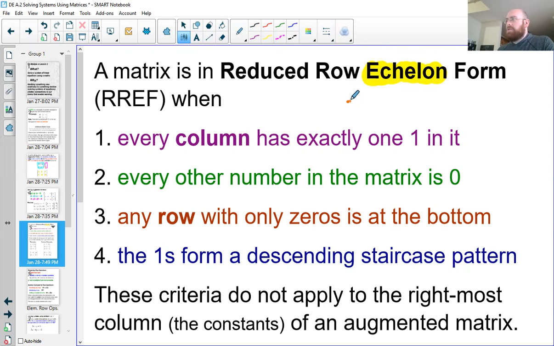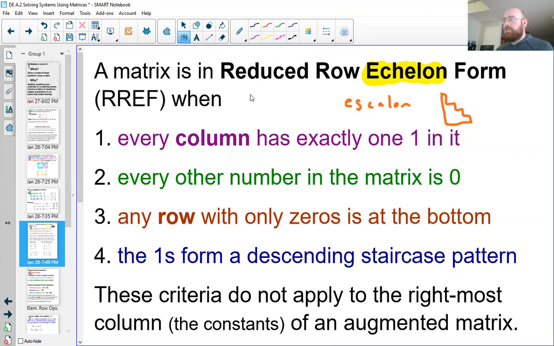So it sounds familiar to escalera, which, if I'm not mistaken, is the Spanish word for stairs. And so we can see this same root, and having a staircase pattern in mind is going to help us visually remember this definition.